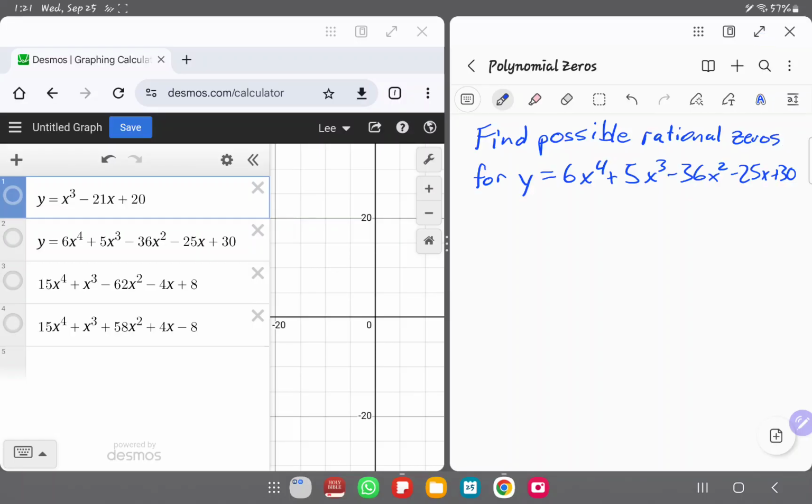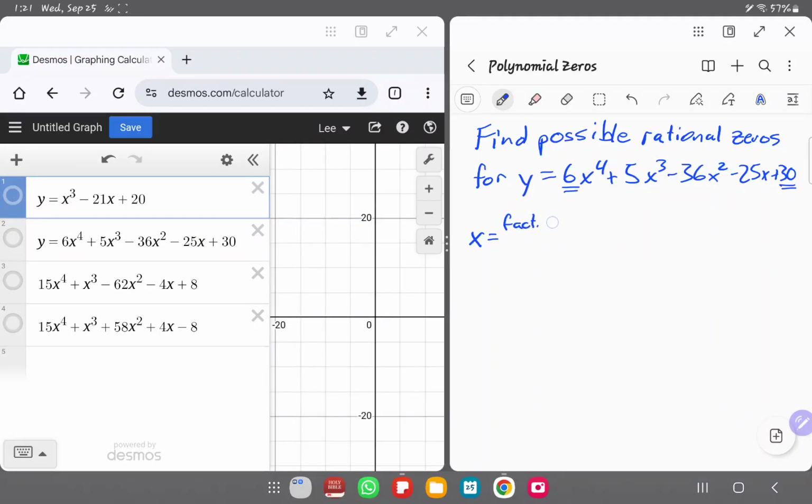All right, possible rational zeros for y is 6x to the 4th plus 5x cubed minus 36x squared minus 25x plus 30. So again, we're just focused on this constant and this lead coefficient, those two numbers right there. So the possible rational zeros would be factors of 30.